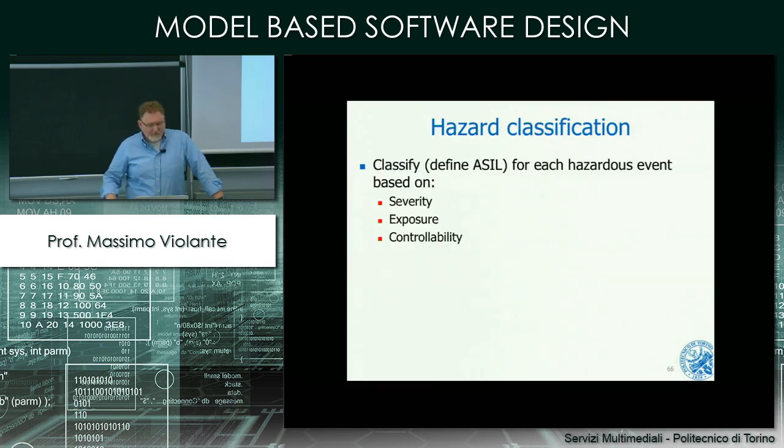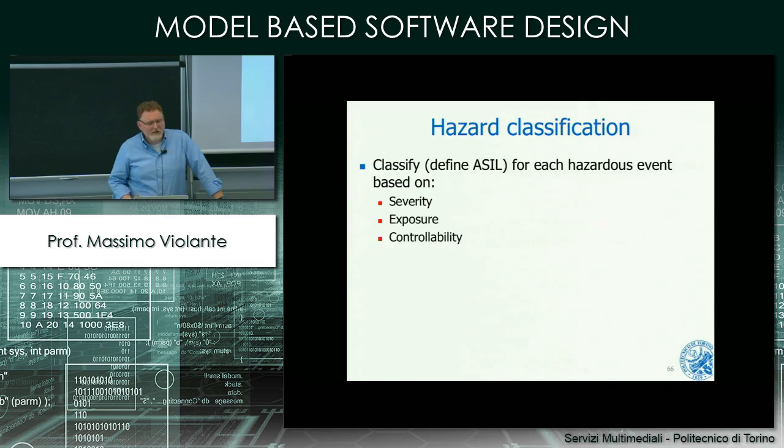Then we have the hazard classification. So we know which are the operational situations. We know which are the hazards that could happen in those operational situations, which is the outcome. So how severe is the damage that results from the hazard in that operational situation? Then, which is the exposure?